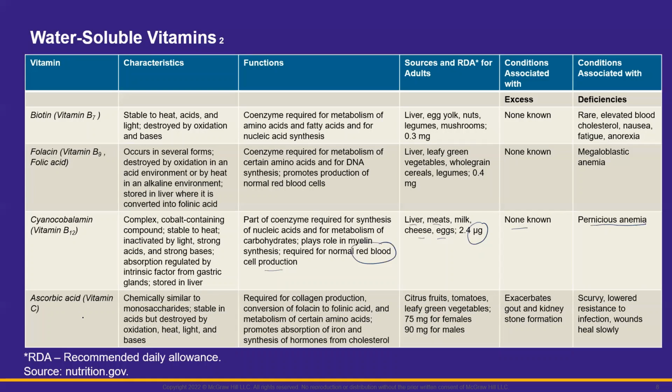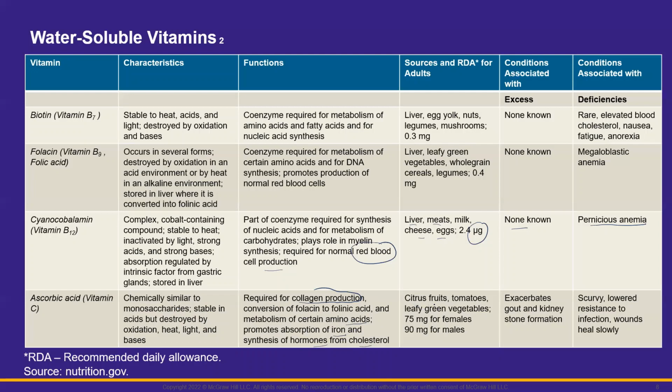Ascorbic acid, so this is vitamin C, a chemical similar to a monosaccharide, stable in acid but destroyed by oxidation, heat, light, and bases. Required for collagen production, conversion of collagen to folinic acid, and metabolism of certain amino acids, promotes absorption of iron and synthesis of hormones from cholesterol.